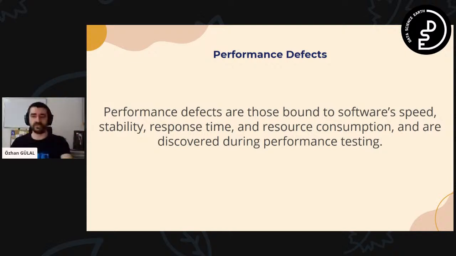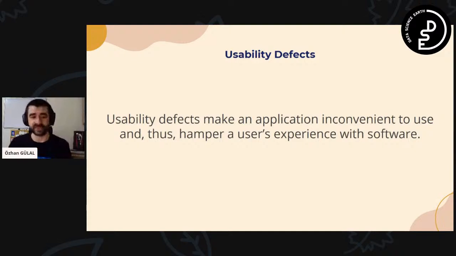Then we are going to talk about usability defects. Usually end users think about a lot of things regarding usability defects. You can see it on the presentation page. Usability defects make an application inconvenient to use and thus hamper a user's experience with the software.